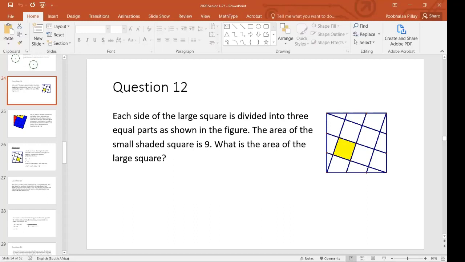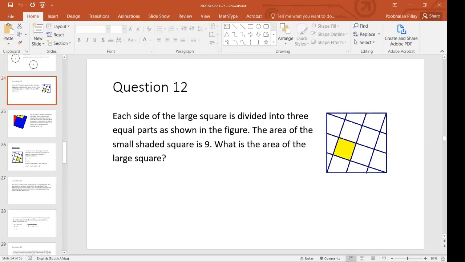You've got a square. Each side of the square is divided into 3 equal parts, as shown in the figure. So all these are equal all around.